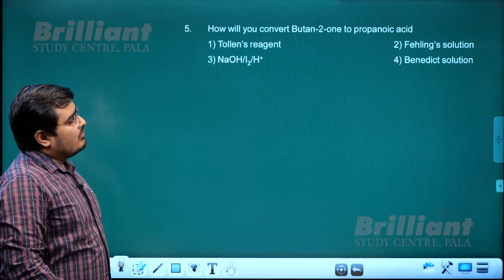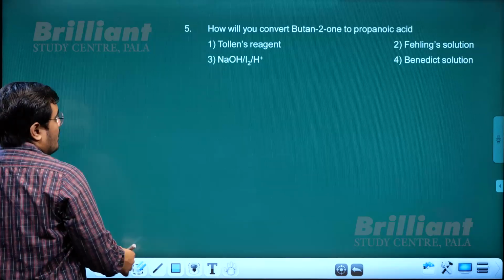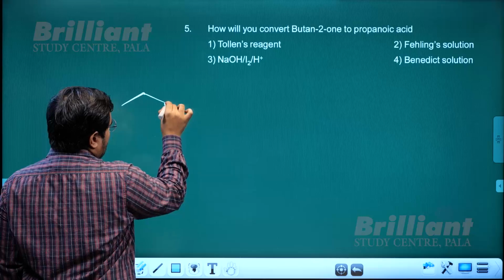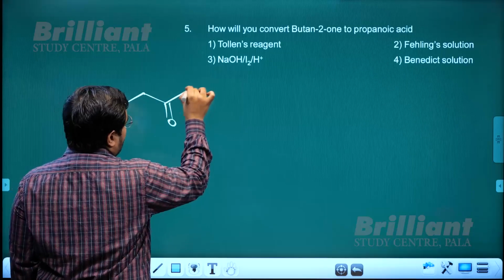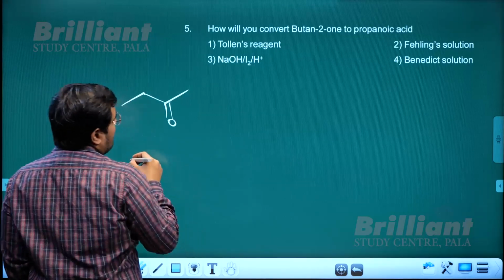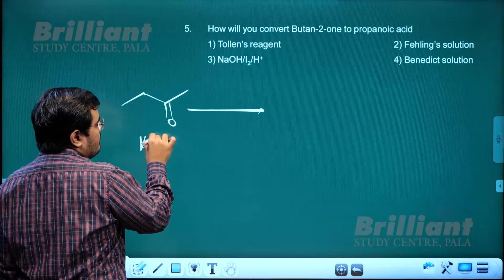So how will you convert butan-2-one to propanoic acid? So what is butan-2-one? Let me write it. This can be said to be butan-2-one, which is actually a methyl ketone. So this is actually a ketone.